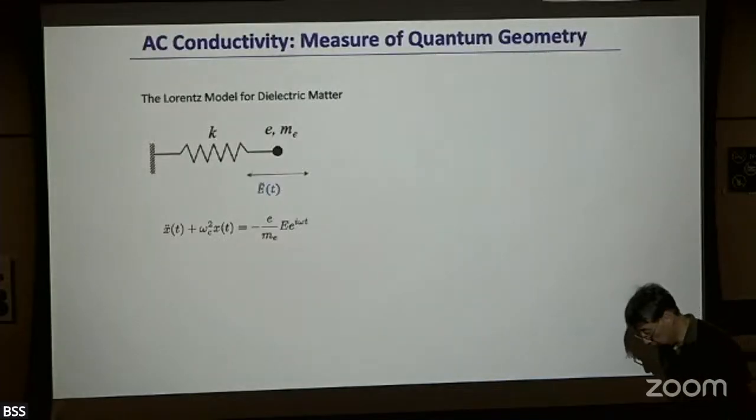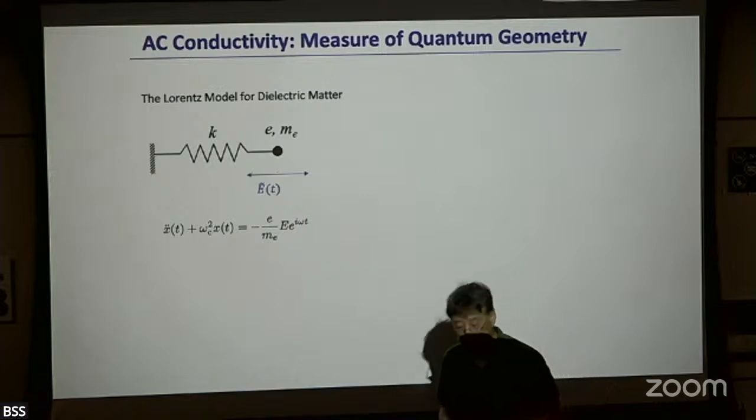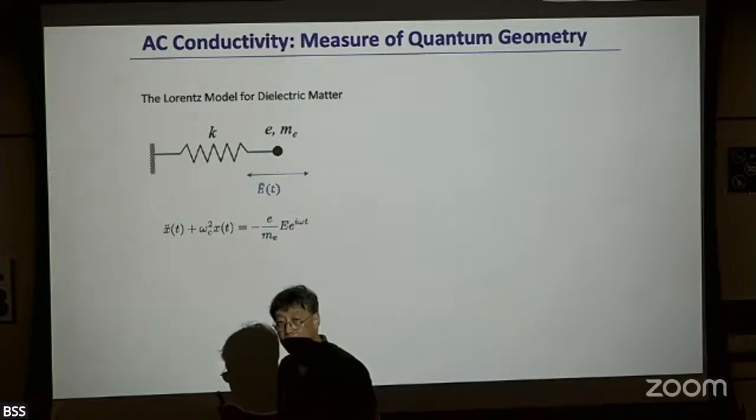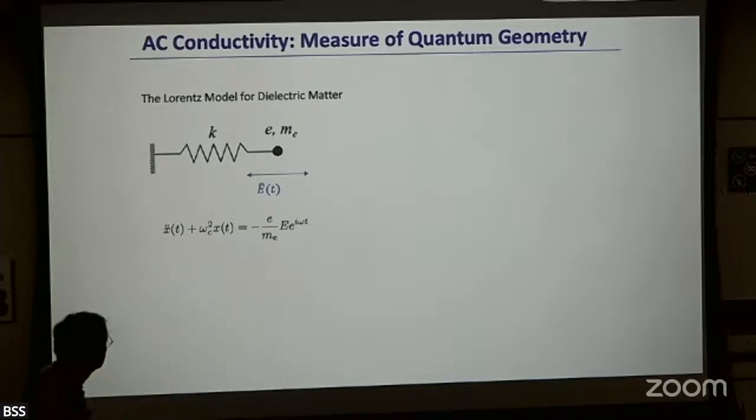So I will start with how I can connect this with AC transport in the following way. Let's start with a very simple model, the so-called Lorentz oscillator model. I have a mass attached to a spring, and this mass has a charge e. I will think of this as an electron bound to something, it can be bound to molecules or impurities, it doesn't matter.